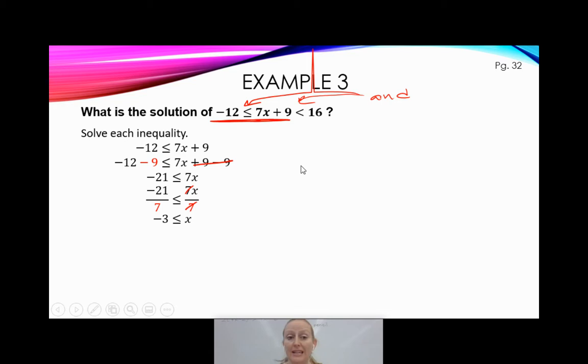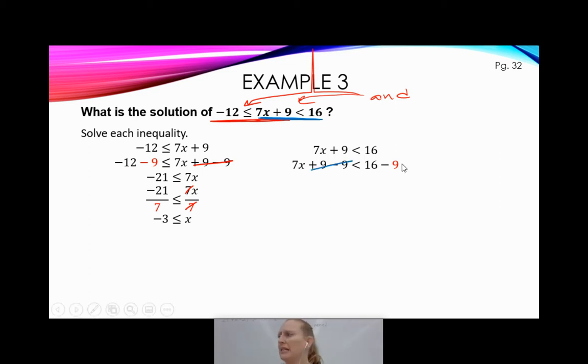But there's a second inequality here, so let me just grab a different color so you can see it. My other inequality is this side, right? Where I take the middle with the right side. So my other inequality is 7x plus 9 is less than 16. And again, in order to get the 7x alone, I am going to go ahead and subtract 9 on both sides, so that these will cancel out.